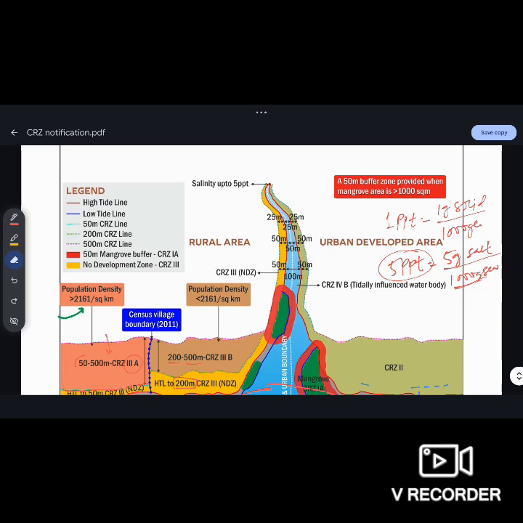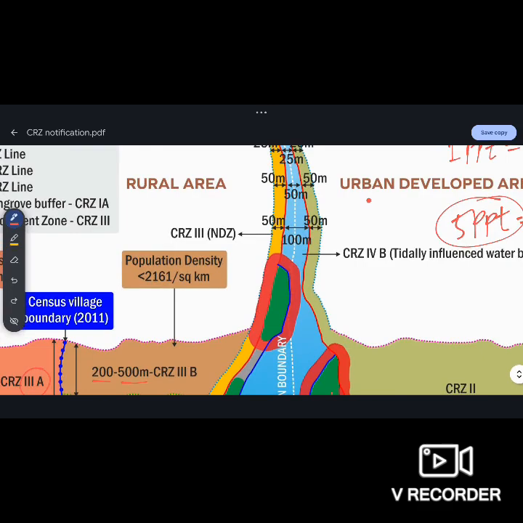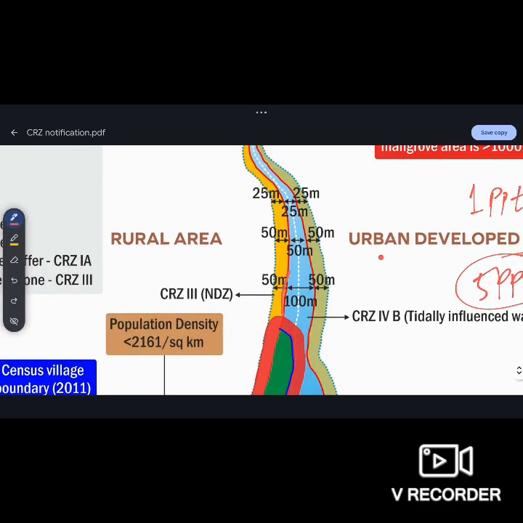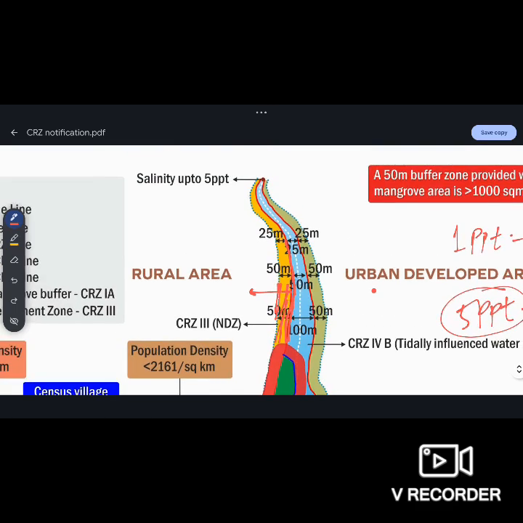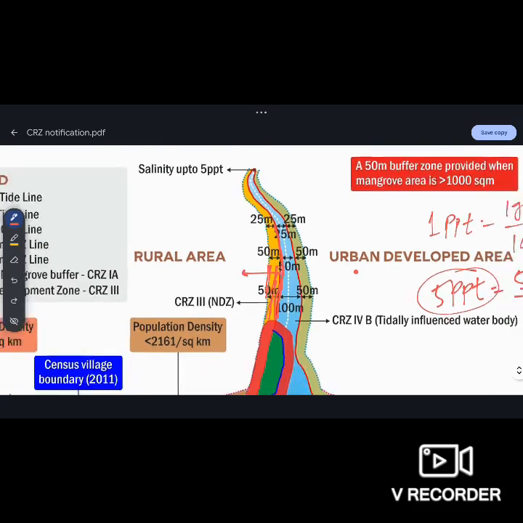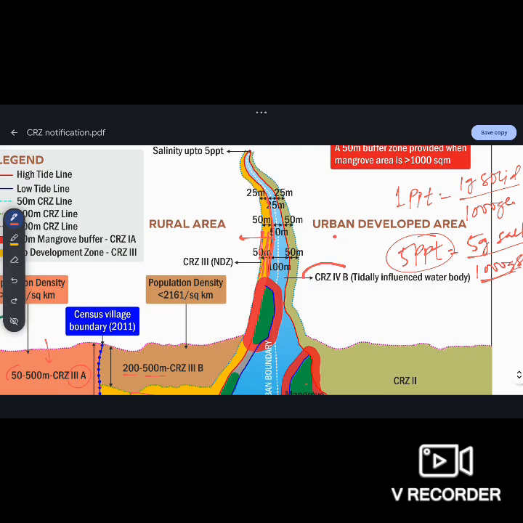And for this rivulet also, from this red line, the high tide line, towards 50 meters on the landward side, we have this yellow strip, and this is the no development zone for this area. So basically the CRZ 4B category is for rivulets, creeks or tidal rivers.